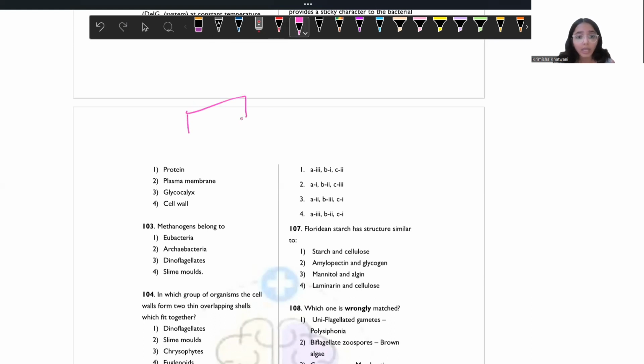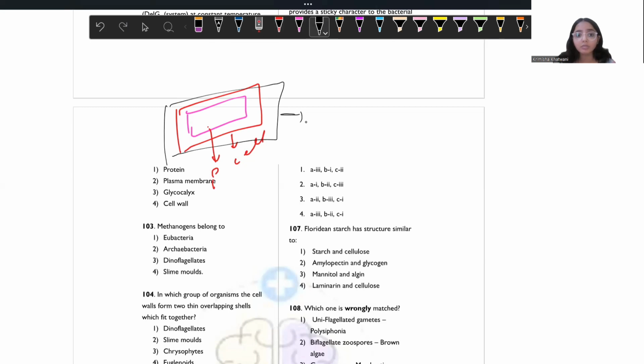This glycocalyx provides sticky character to bacterial cell. This is the plasma membrane, this is the cell wall, and this is glycocalyx, the outermost layer. So the answer is option 3, glycocalyx.